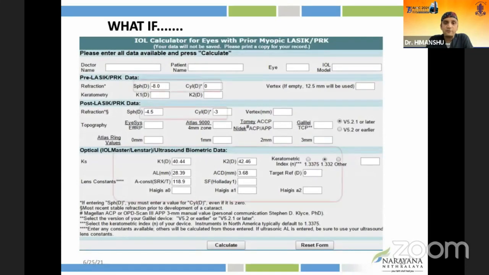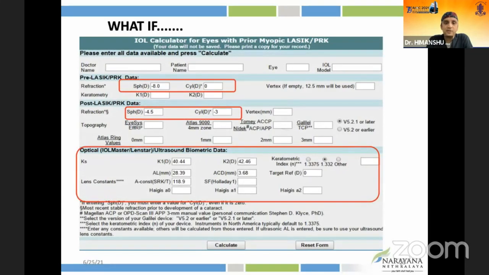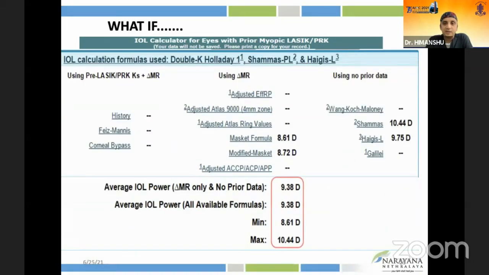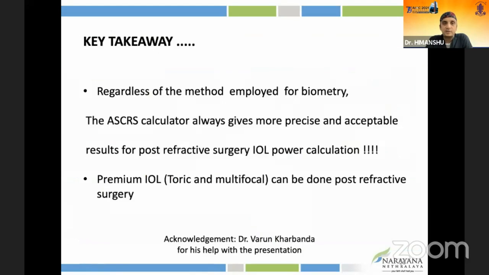So what if we didn't put in any of this data, like keratometric data or topographic data? That means we only have the history as well as the keratometry value with us. If we calculate, we still got similar power.